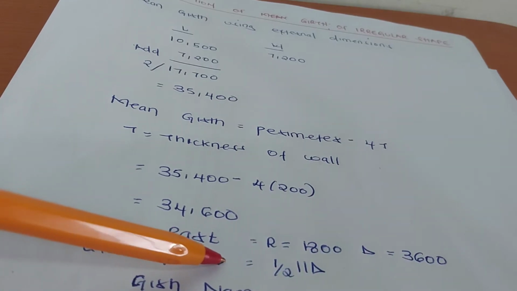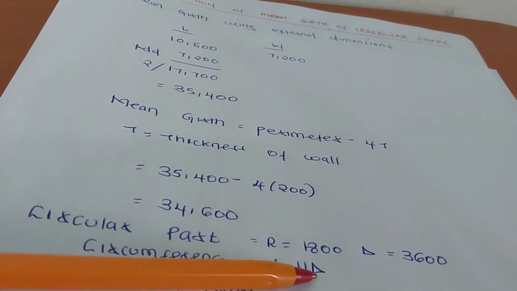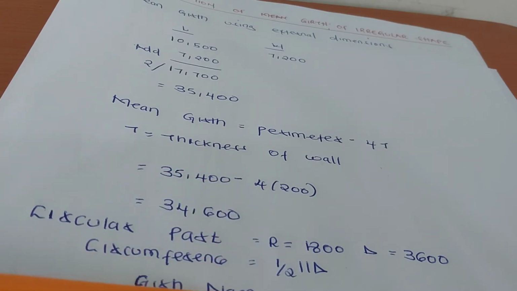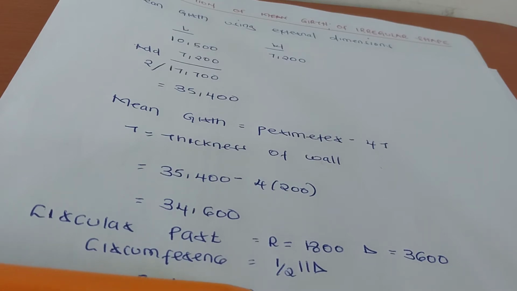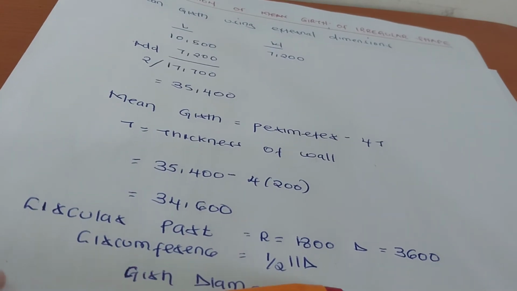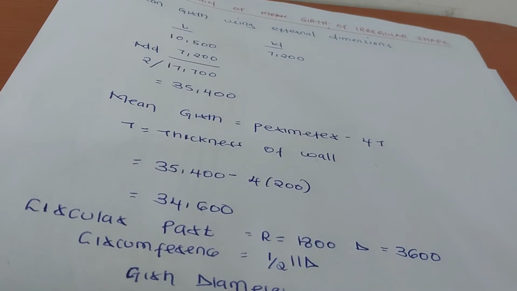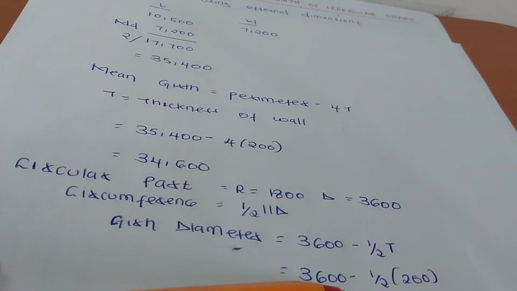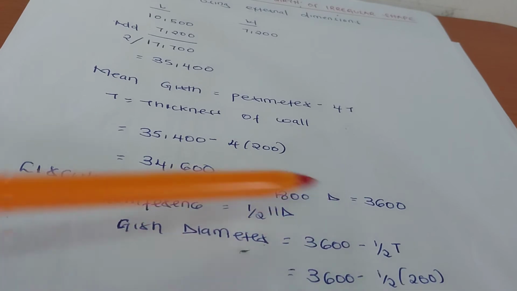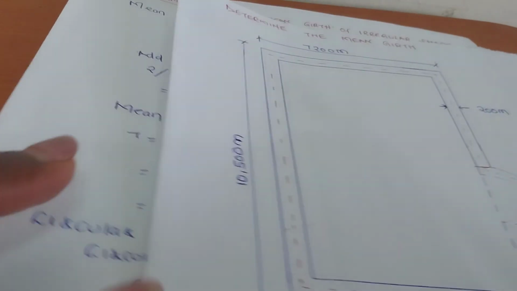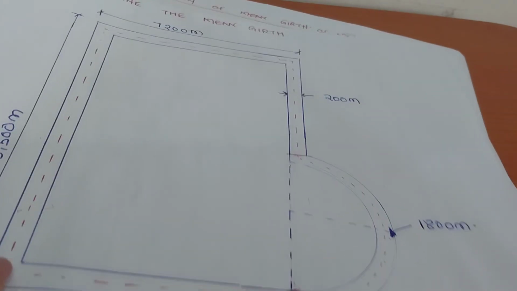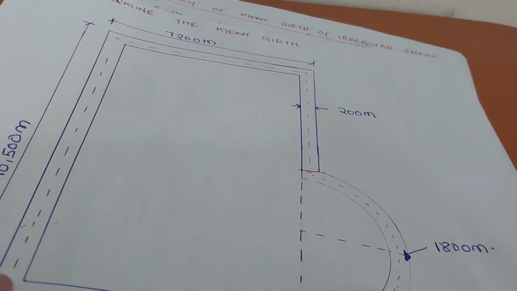So let's find the circumference, which is half pi d. But now the diameter is external. So let's find the dimension of the diameter along the center line. It's going to be 3600 minus half the thickness, that is 3600 minus half of 200, which means now we are able to get to this center line.